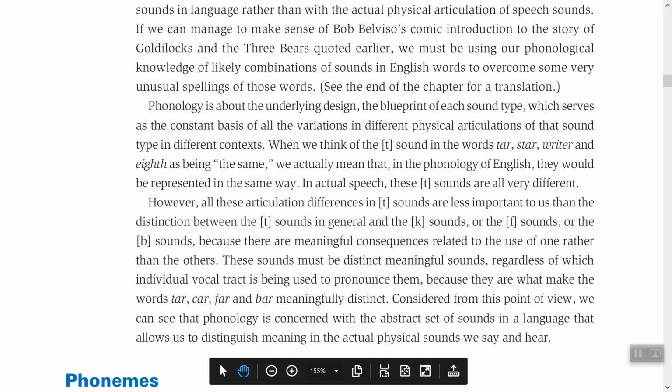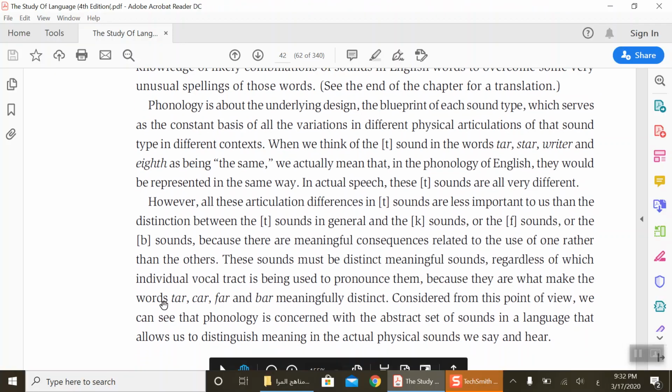Okay, so they are what? They are distinct here. If we change t to c, the words are different. And even if we change here f, we will have another word, and b, we will have another word. So it is meaningful here.